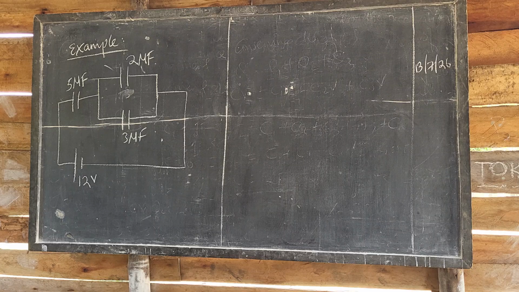You can write and say: a battery of EMF 12 volts is connected across a system of capacitors.